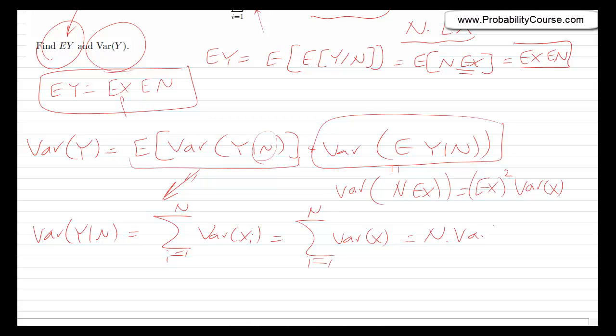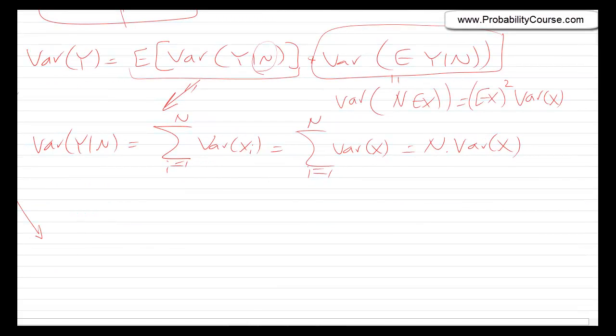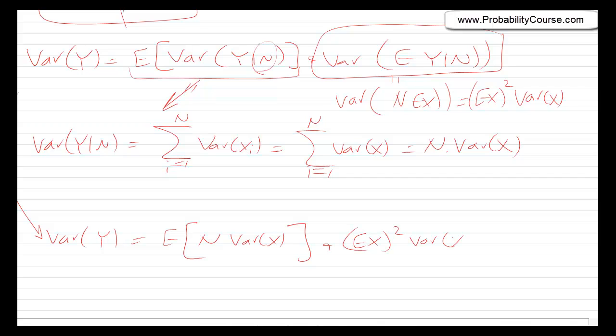So this is just N times the variance of X. So let's rewrite this here. The variance of Y is equal to the expected value of N times the variance of X, plus E of X squared times the variance of N. And the variance of X again is a constant, so it becomes the variance of X times the expected value of N, plus E of X squared times the variance of N. And we are done.